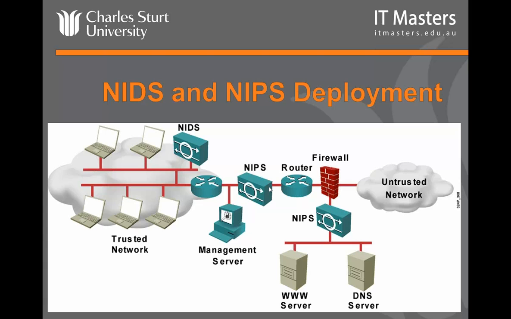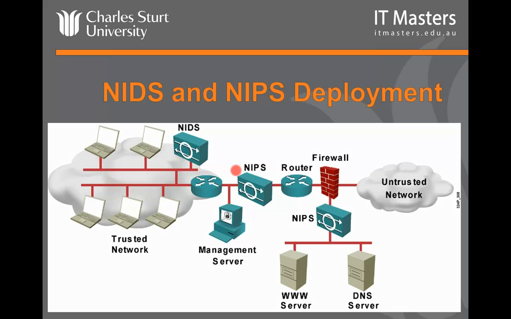Through your router, they've also got another IPS sitting in line to protect, and you'll see why, because we've got two routers here and in between we've got a management server sitting. So we need to have some protection for that. And then on your internal trusted network we have an IDS. We're not going to slow down the traffic coming from the trusted network, because if you think of this, I'll just turn my spotlight on for a second.